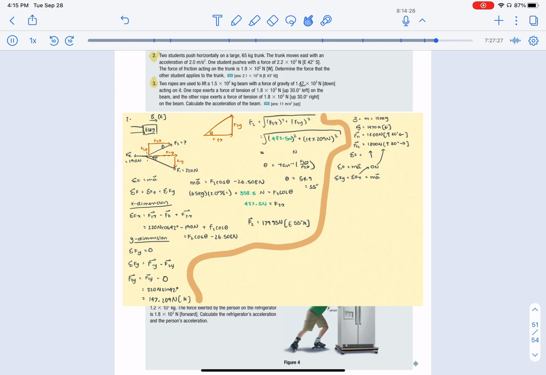Yesterday they were balanced, today they're not balanced, your object accelerates in the direction of the net force.